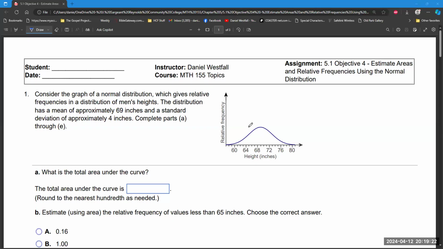In this video, we're going to talk about 5.1 Objective 4, where we estimate areas and relative frequencies under the normal distribution. I'm going to be doing this using the empirical rule or the 68, 95, 99.7 rule, which is how your textbook refers to this.